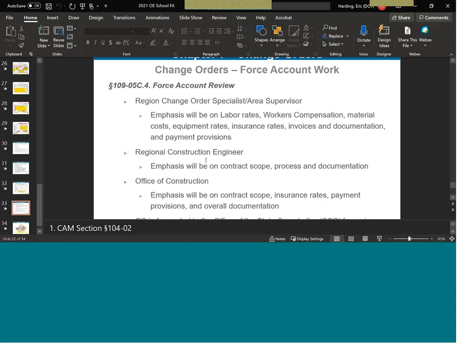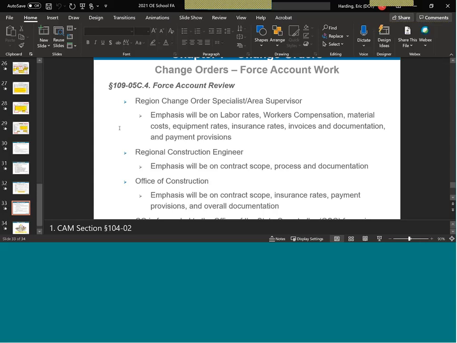All right, here's a brief synopsis of the review levels. When they leave your field office, they'll come to the regional change order specialist and/or the area supervisor. And my emphasis and their emphasis will be on labor rates, workers' compensation, materials cost, equipment rates, insurance rates, invoices and documentation, and payment provisions.